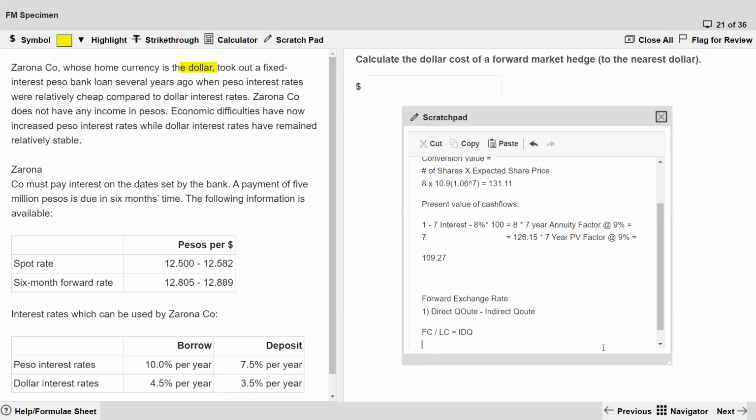You must pay interest on the date set by the bank. A payment of 5 million pesos is due in 6 months' time. So that means you have a payment of 5 million pesos.